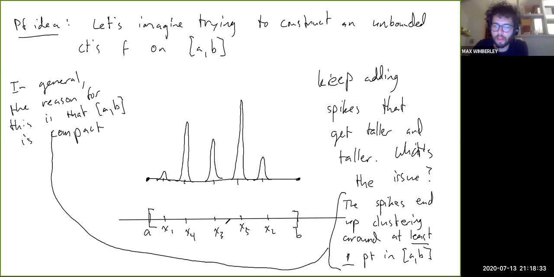And the limit of that convergent subsequence is going to be a cluster point for the spikes that we created, okay? So this really happens because of the Bolzano-Weierstrass theorem, at least in this case. In the more general case, there's an argument you can make using compactness that will tell you that the function has to be bounded. Okay, so let me write down the argument a bit.